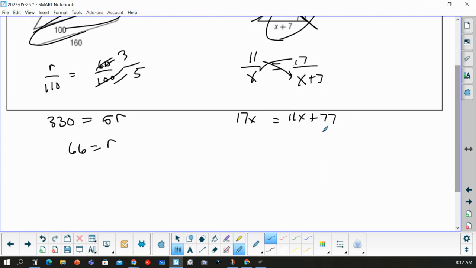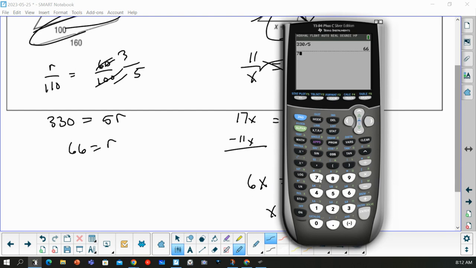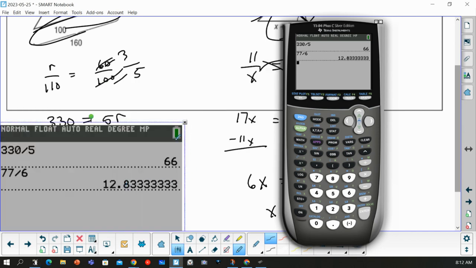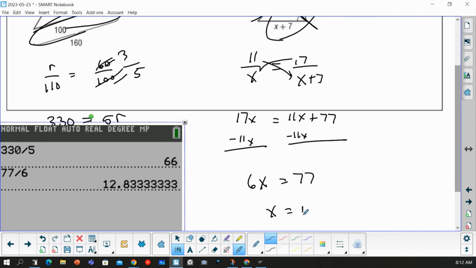I'm not going to go minus 77 because there's just an x over here. I'm going to go minus the 11x. 17x minus 11x is 6x. Divide both sides by 6. 77 divided by 6 is not going to come out evenly, so I'm going to do a decimal. 77 divided by 6 equals 12.8333. So if I round it off to the nearest tenth, it would be 12.8.